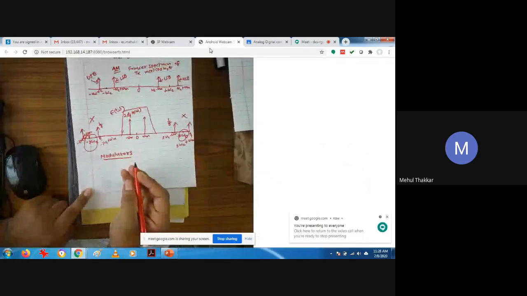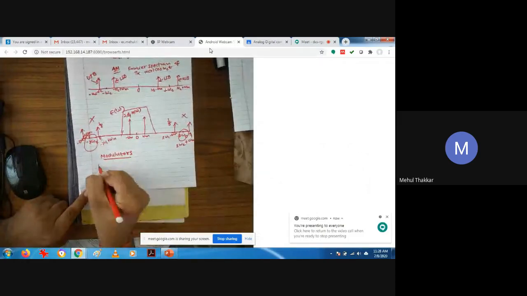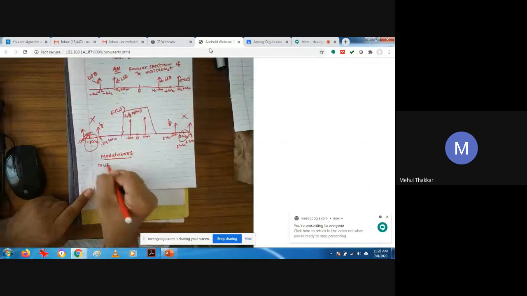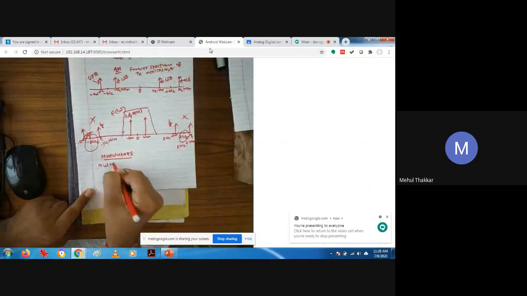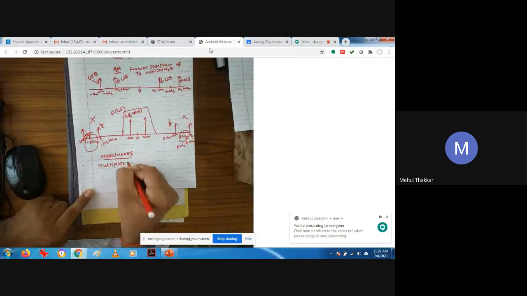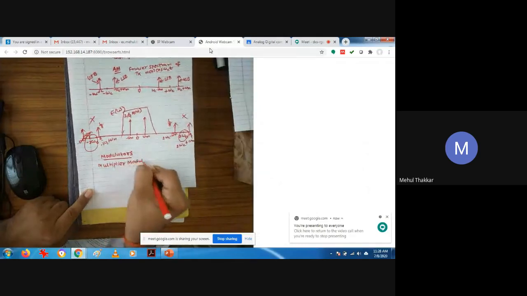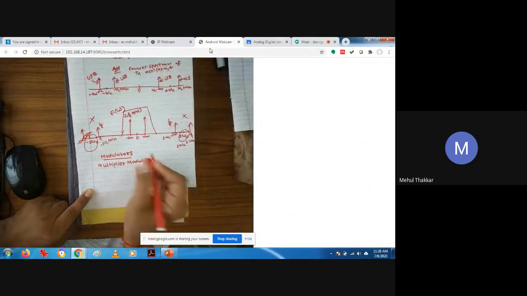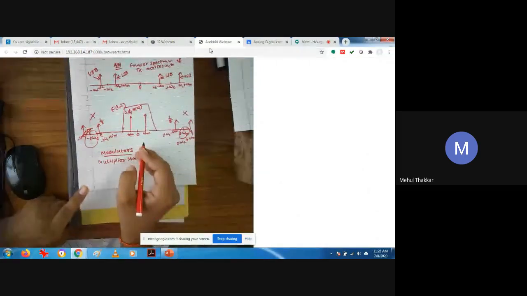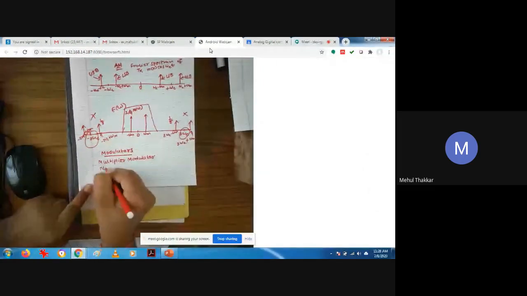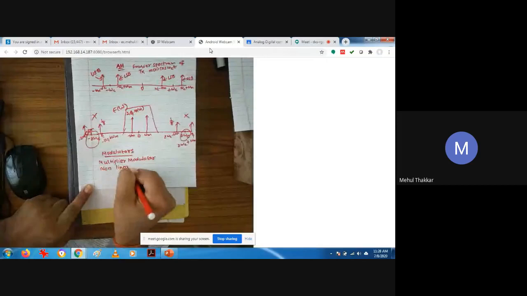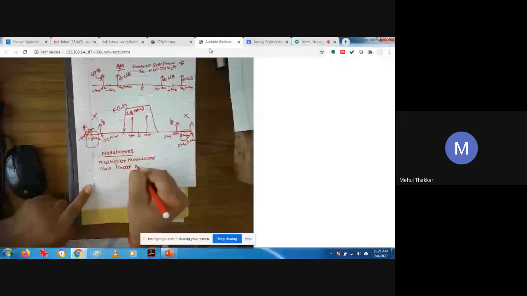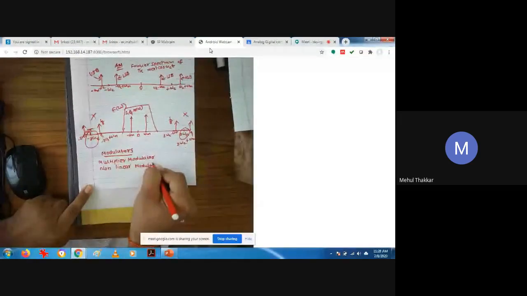We will have 3 categories of modulator: multiplier modulator, non-linear modulator, and switching modulator.